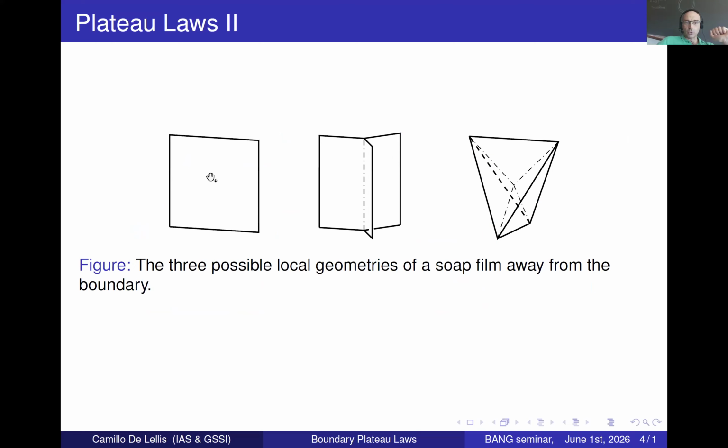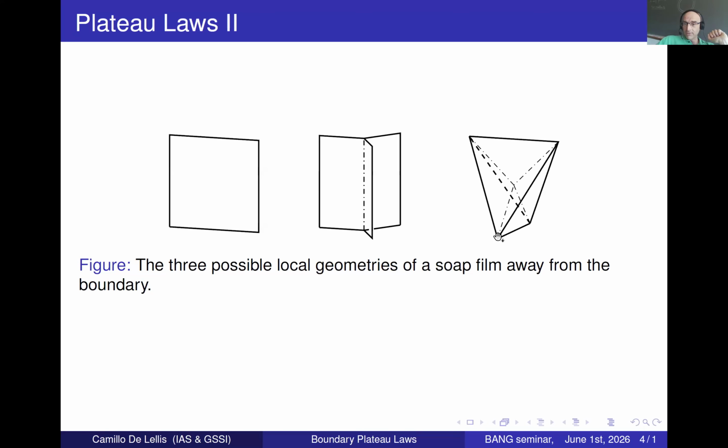With my little hand, I'm hovering over the first possible model. It's a smooth surface, a deformation of a flat plane. The second is easy to understand. You take three half planes that join together at a common line at 120 degrees, and you could somewhat bend this configuration, but you cannot change the angles which the surfaces form at the joining line.